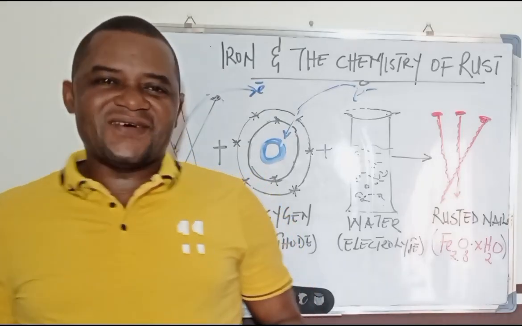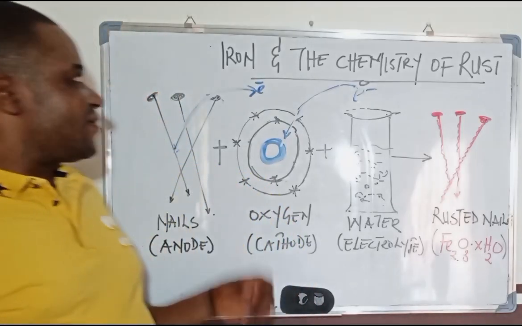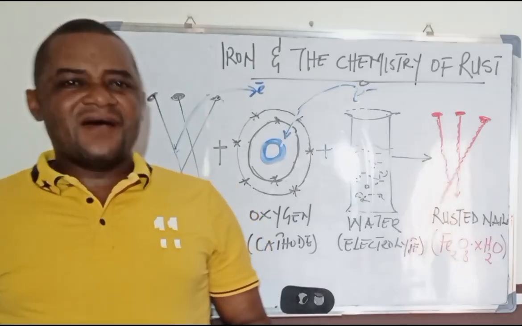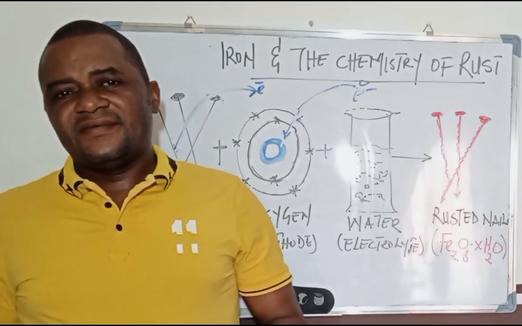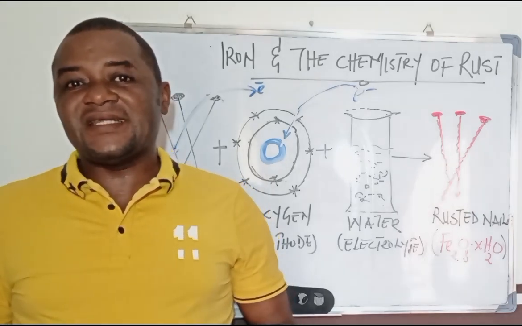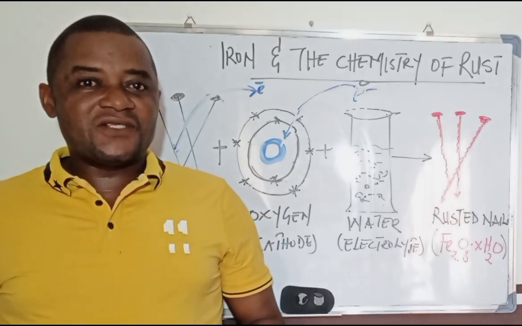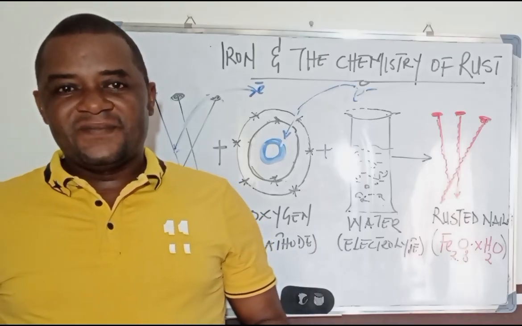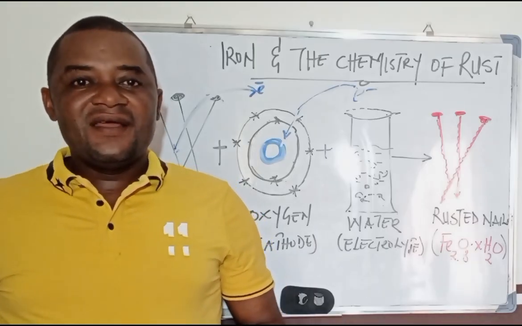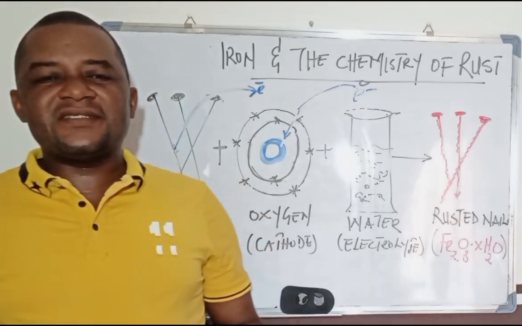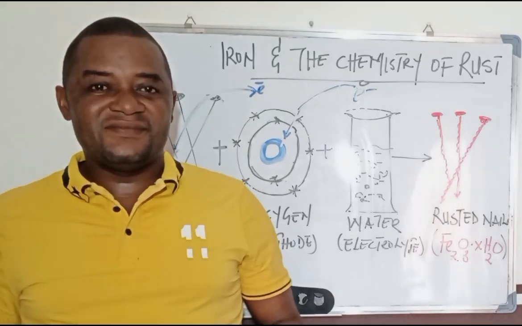All right, today we are going to be dealing with iron and the chemistry of rust. Now, the question is iron. I hope you know that iron comes also in different forms and that alloys of metals are made up of iron. Example, steel. You know that steel is iron and it's an alloy. It has almost 98% composition of iron.